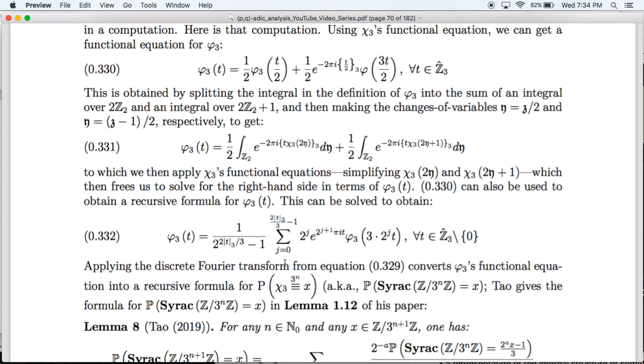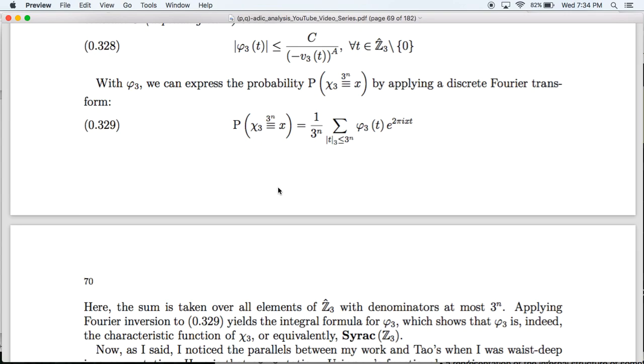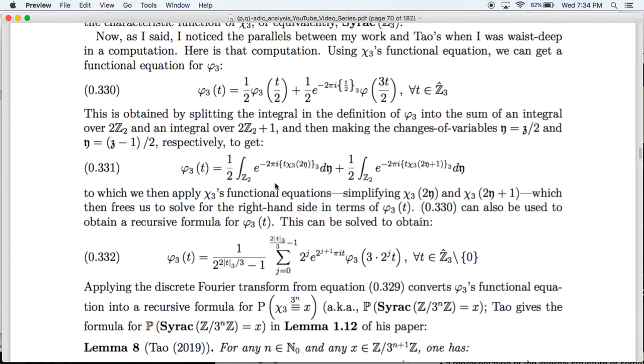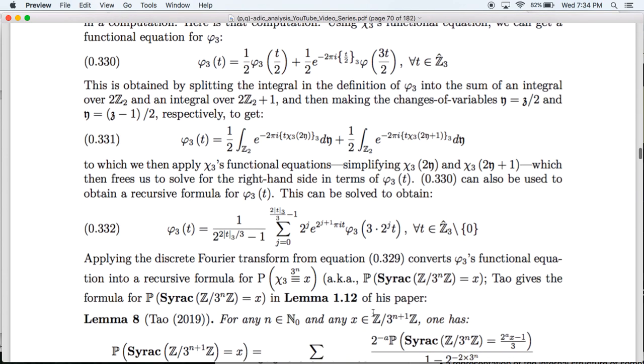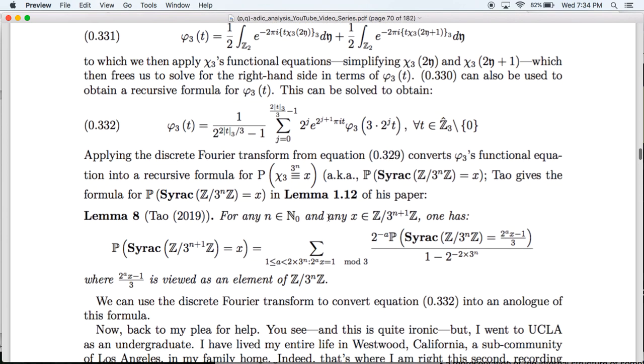And then applying the discrete Fourier transform to this thing, as I said, will give us a recursive formula for the probability that the Syracuse random variable, the nth one, is equal to x. And so Tao's formula from his paper is lemma 1.12, and it's this thing.